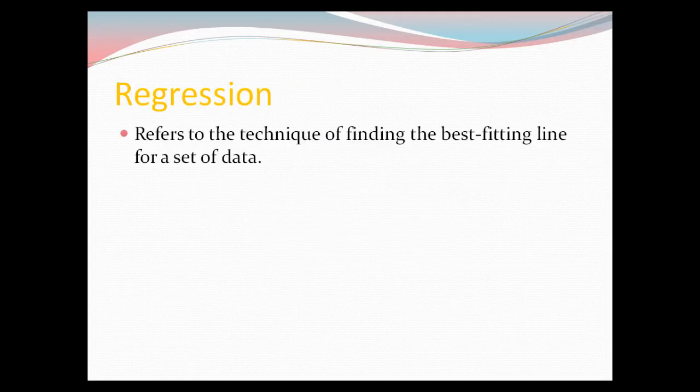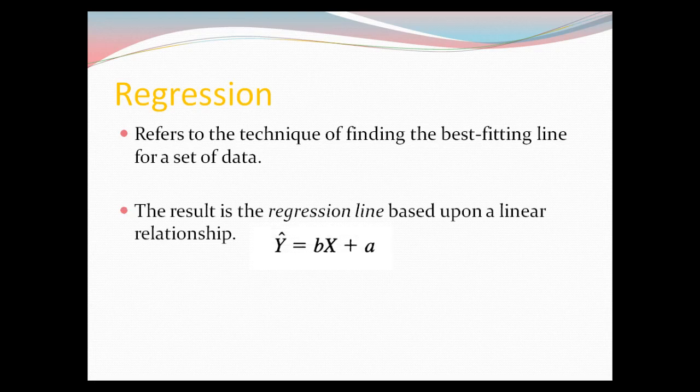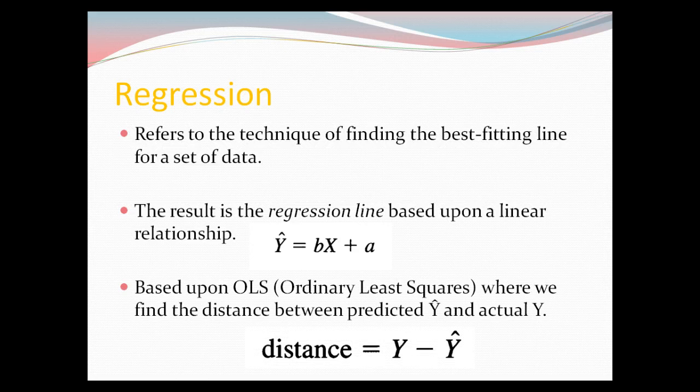Regression basically refers to the technique of finding the best fitting line for a data set. So the result of regression line is based upon a linear relationship. The y hat is your predicted y value, which is b multiplied by x plus a. This is based upon ordinary least squares regression, which is a very basic form of regression, where we find the distance between predicted y and actual y.